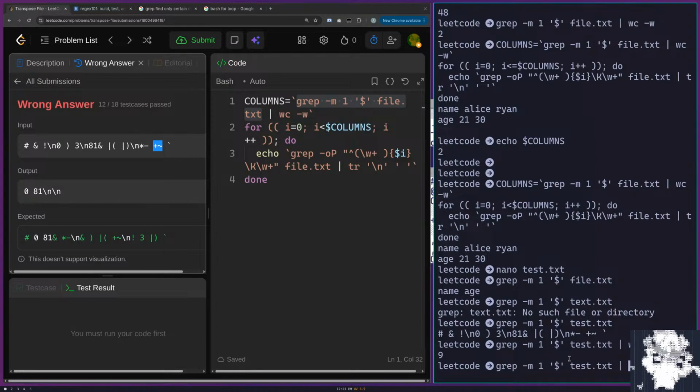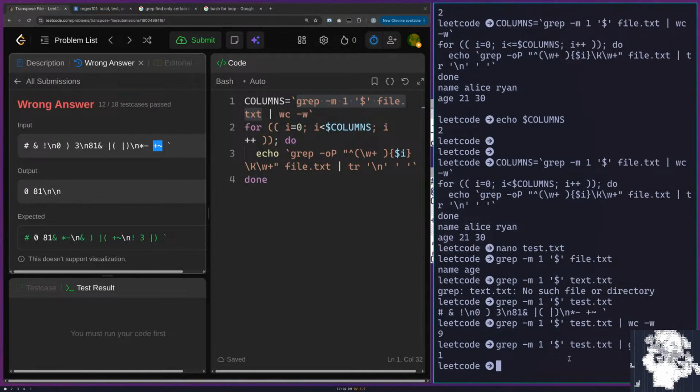Anyway, I want to replace the word count with something I can control better. So let's turn that into a grep -c space, because -c is count.